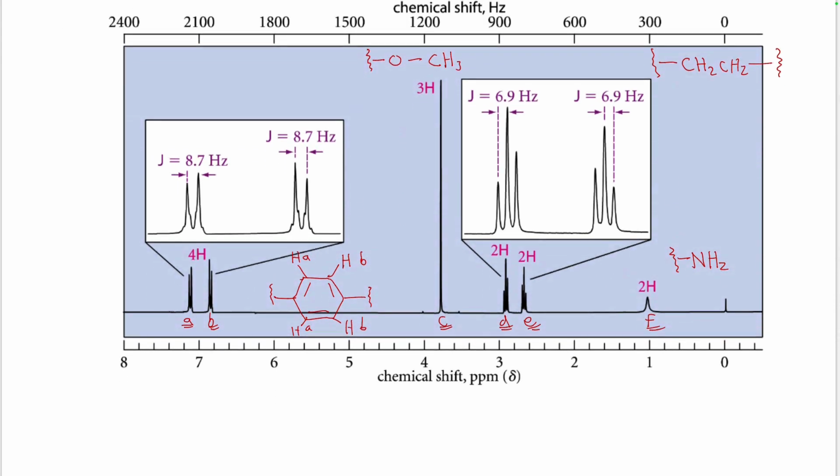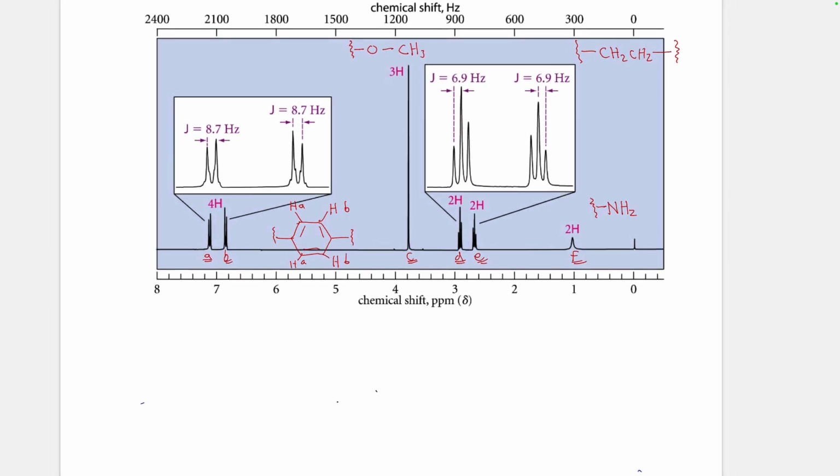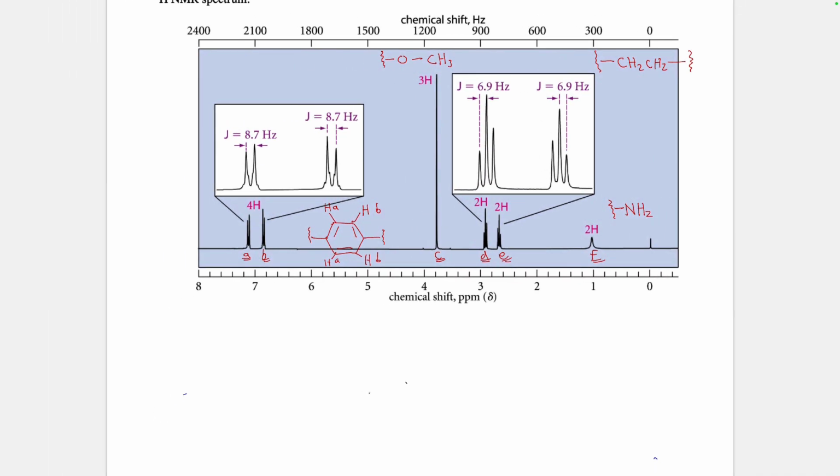We know now that we have all of the pieces that we need from the interpretation that we've done. So we've got the following things. We have a benzene ring that has 2 things on it, so that makes 2 bonds. We have an OCH3 that's going to have to go on one of the ends of the molecule. We have 2 CH2 groups that are attached to 2 things, and then we have an NH2 that has to go on one end of the molecule.